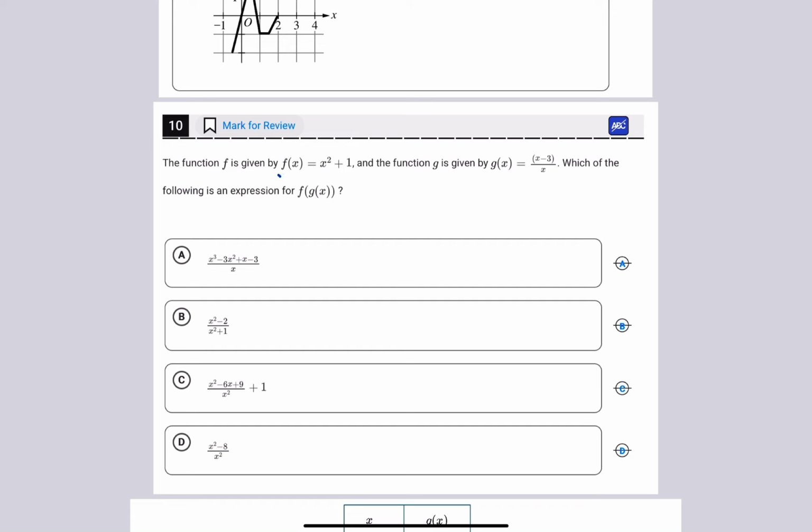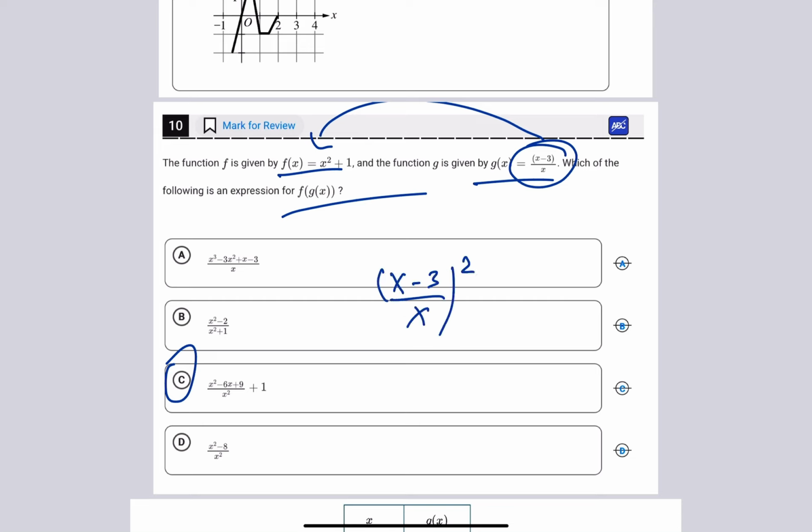The function f is given by the following. You have the function g of x, which is the following. Find an expression for f of g of x. You just take it, you plug it in, and you're going to be left with option C: x minus 3 over x squared plus 1, right? Well, that's it.